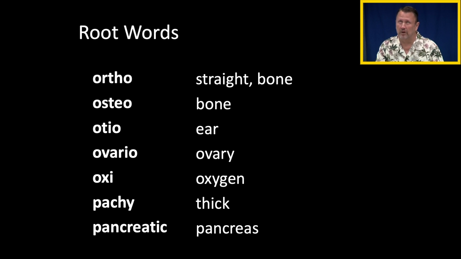Loss of electrons is oxidation. Pachy means thick. A pachyderm is an elephant because of their thick skin. Pancreatic refers to the pancreas. The pancreas is an organ sitting behind the stomach that is involved in not only digestion, but glucose regulation and a few other things as well.